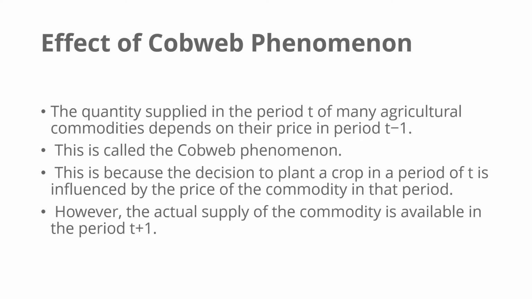This is mainly because the decision to plant a crop in period T, or just take today as period T, is taken by the farmer and depends upon the price of the yield in the previous period.